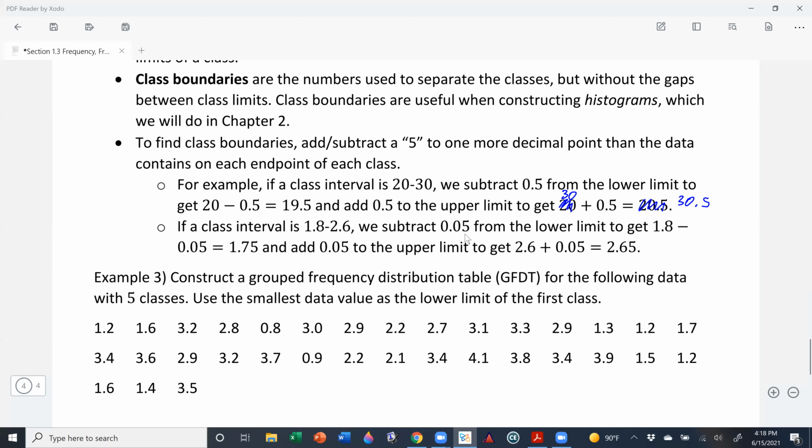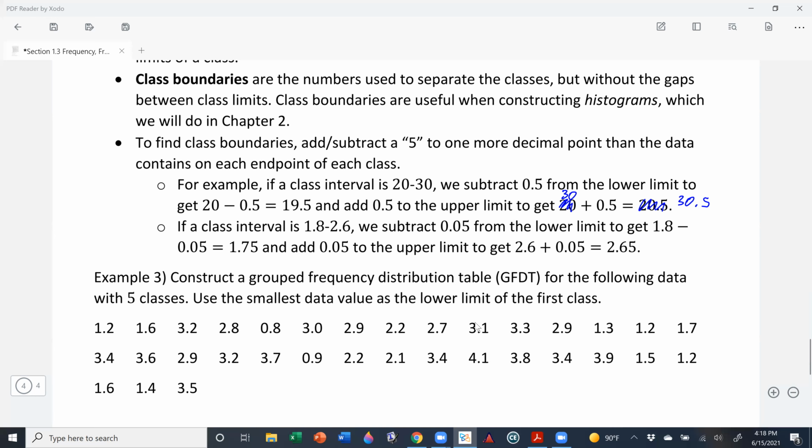So that's an extra decimal place. We subtract the 0.05 from the lower limit, 1.8 minus 0.05 to get 1.75, and we add the 0.05 to the upper limit, 2.6 plus 0.05 to get 2.65.